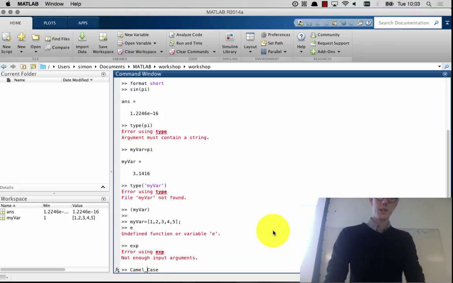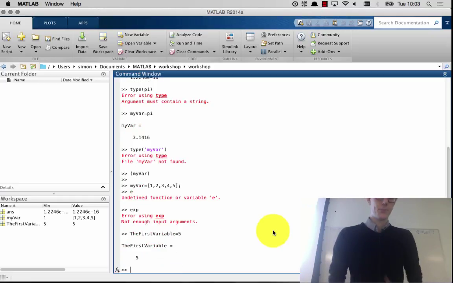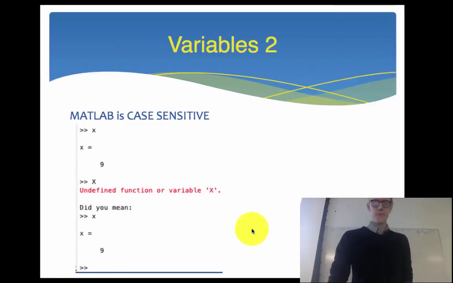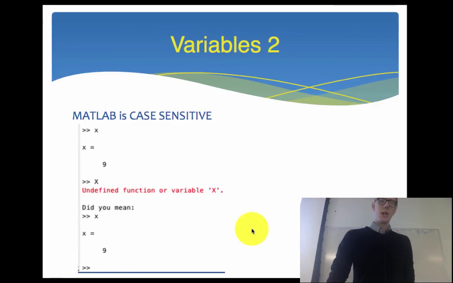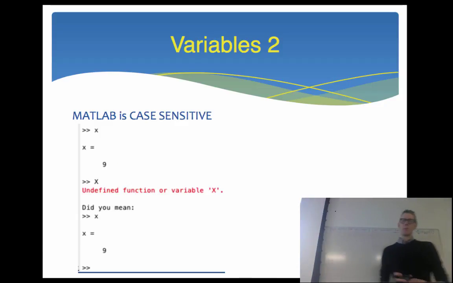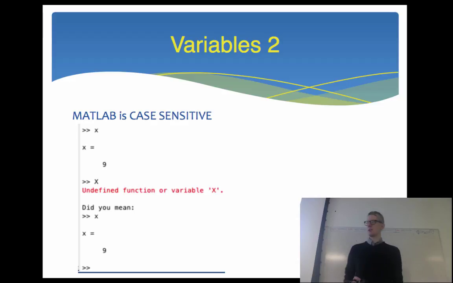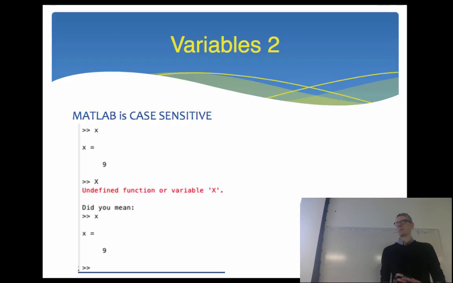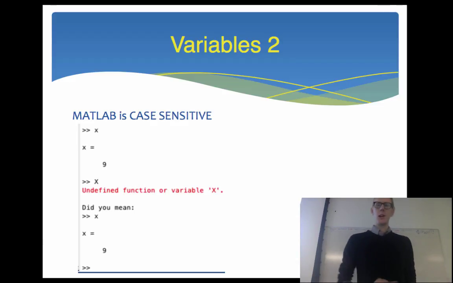You can use underscores and other things in your variable names if you want, but the easiest way is often to just capitalize the first letter. If you make a casing error, MATLAB may warn you and say that that variable is undefined, but perhaps you meant the lowercase version, and it will give you a little bit of information about perhaps your capitalization was wrong. But just be aware that case matters and try and be consistent.